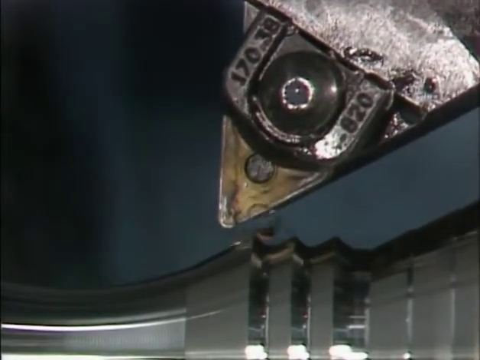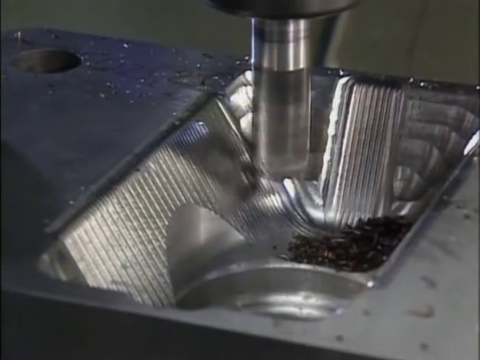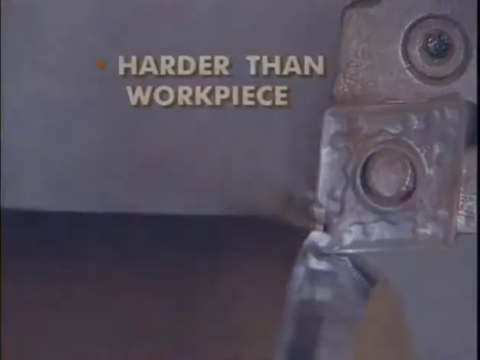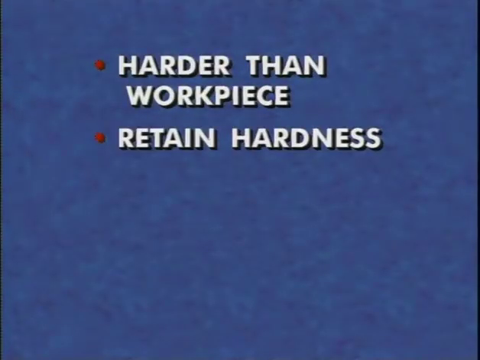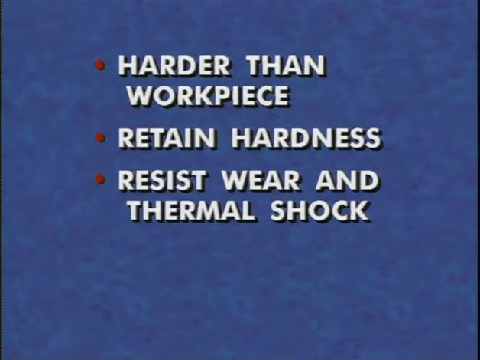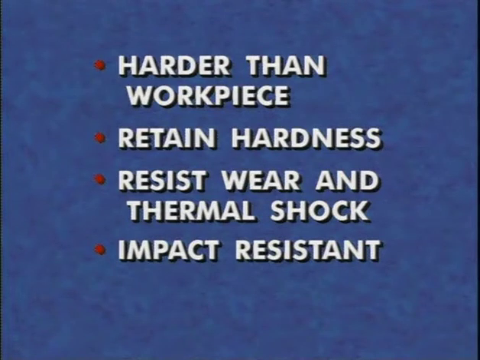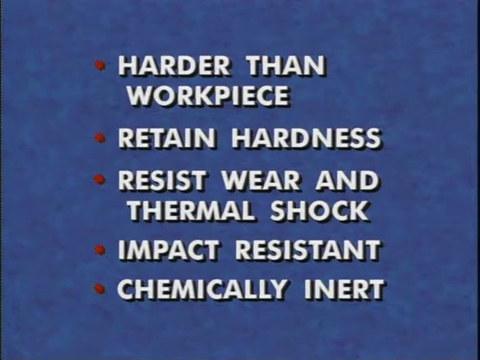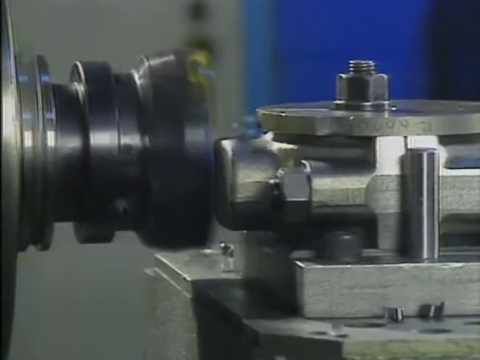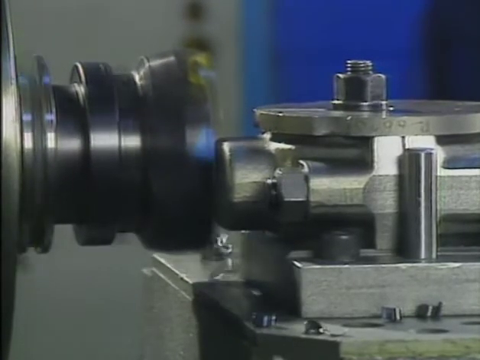For the wide variety of machining applications, there is a corresponding necessity for different cutting tool materials. The ideal cutting tool material should be harder than the workpiece it is cutting, be able to retain its hardness and stability at high temperatures, resist wear and thermal shock, be impact resistant to withstand the mechanical shocks of milling, and also be chemically inert to the work material and the cutting fluid. No single cutting tool material incorporates all these qualities.